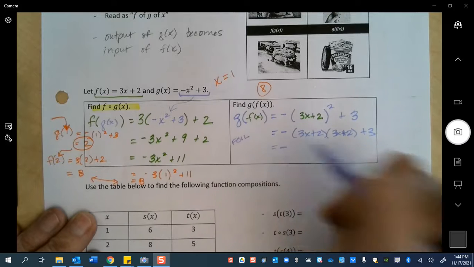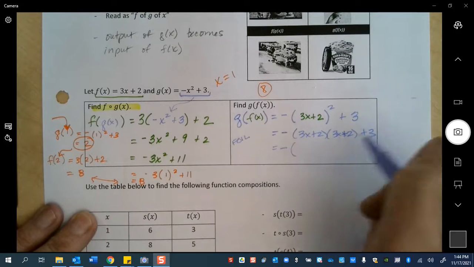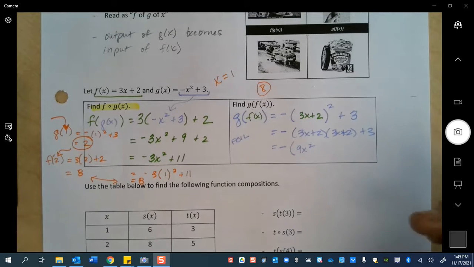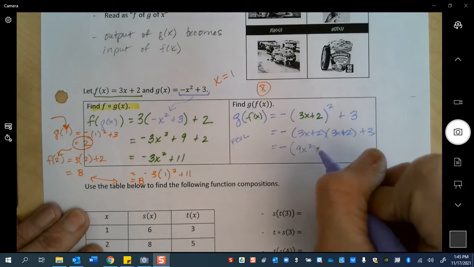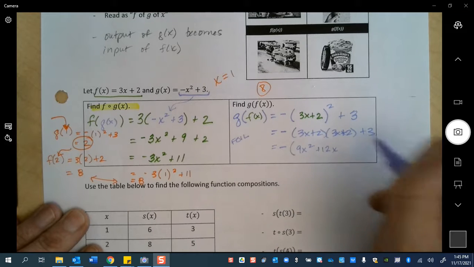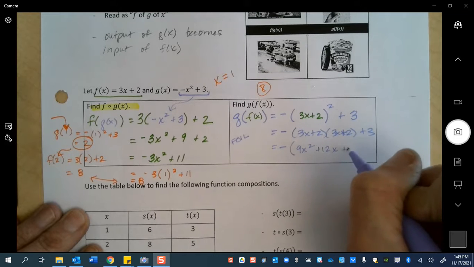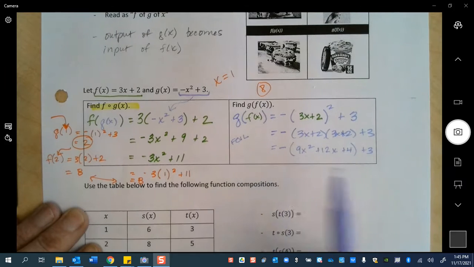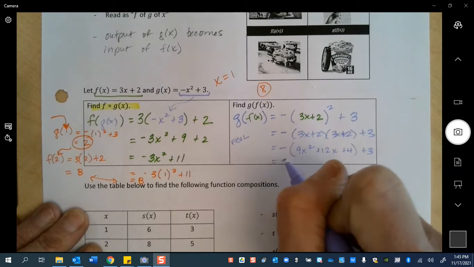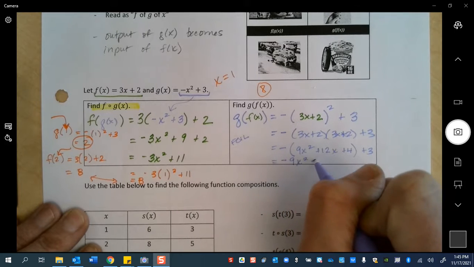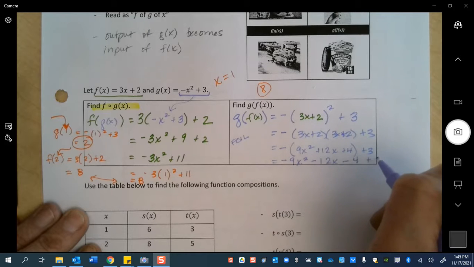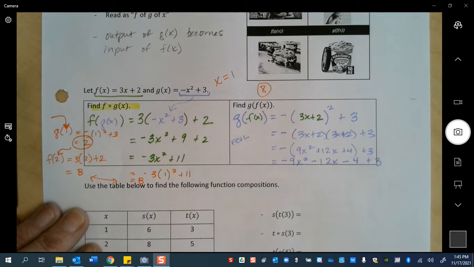You're like, what? That's a lot of work. You got it. So my first term's 9x squared. My outside and inside terms are the same, 6x, when I add them together, I have 12 x's. And then my last terms is 4 plus 3. This negative outside is just waiting to say, nuh-uh, that's negative 9x squared minus 12x minus 4 plus 3, because he gets distributed across the entire function.